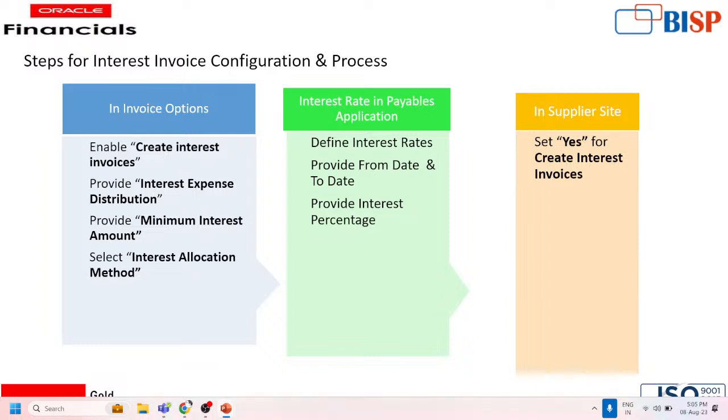Then the interest rate in payables application, we have to define the interest rate out there, from date to date, the range you have to provide, and provide the interest percentage, right? And after that, in the supplier side, we set yes for create interest invoice, right? So these are the configurations we have to do in the application.